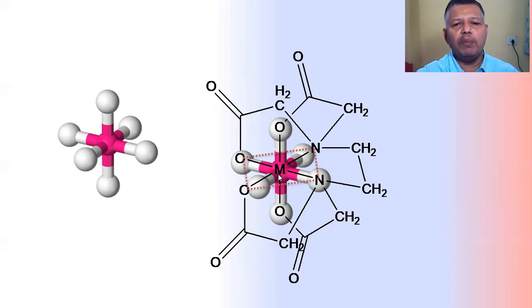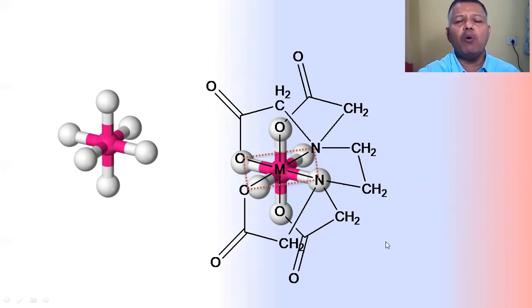For example, in the case of transition metal ions, every metal ion forms a stable complex with EDTA at a particular pH, and therefore this ligand, EDTA, is used as a complexometric agent.